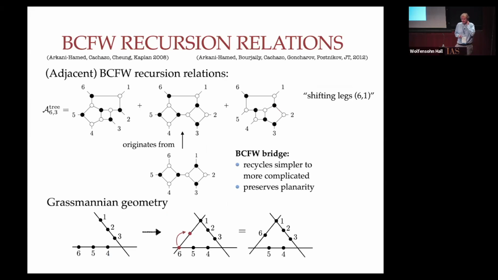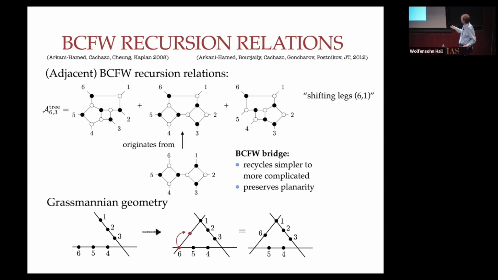Now, it's easy to actually see how you would generate them. This is a procedure at the level of the on-shell diagrams. The recursion relation always recurses a product of lower loop amplitudes. There is a 5-point amplitude here and a 3-point amplitude here, and you add some extra BCFW bridge. And you sum over all possibilities of how to divide the legs in these amplitudes to the left and right.